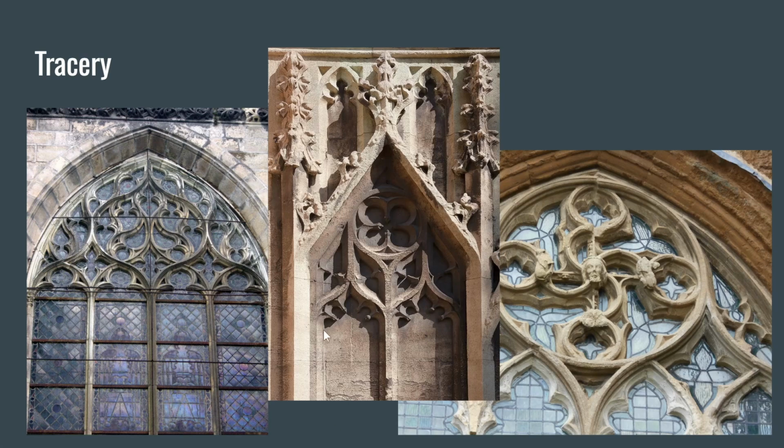This one is not a window, it's just a little nook, and there's a tracery carved into it. This one is a window, and there's tracery above the windows. So tracery can be in multiple forms, and there can be glass in between, within the patterns, or it can just be carved into the stone wall, like a relief.